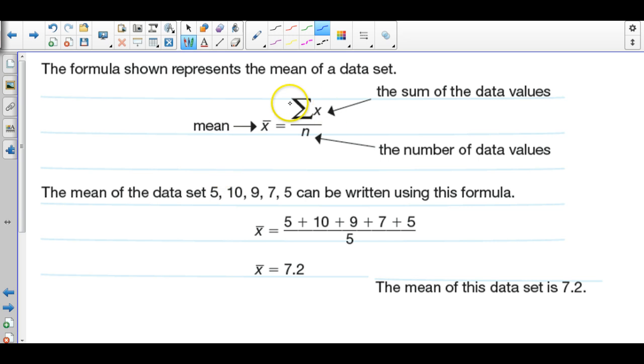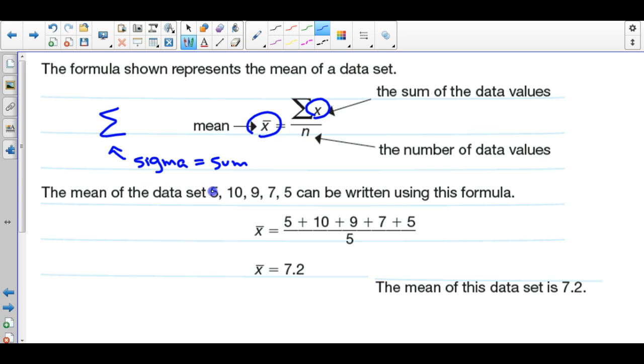Okay, so here's some fancy notation. This symbol right here is a Greek letter. It stands for a word called sigma, and what this actually means is sum. In order to calculate a mean, which you guys have seen this formula before, you take the sum of all of your X values divided by the number of terms.